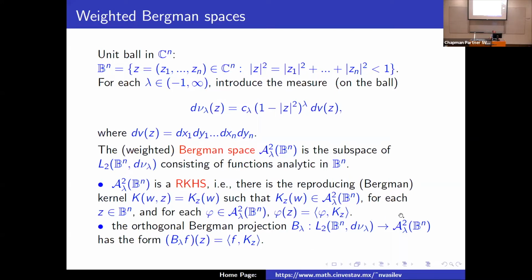This is the way this reproducing kernel appears. And then we know that the orthogonal Bergman projection from L2 to the Bergman space is just the scalar product of the function with this reproducing kernel.